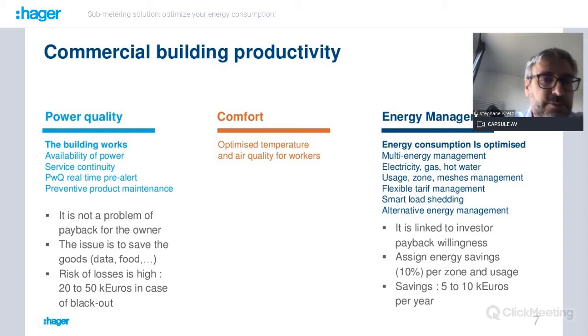This is service continuity. What is my power quality? If I don't have the right power quality, I can injure my devices, and the lifetime of my devices can be reduced, and this is a cost too, so you can save money. So you can do preventive maintenance.